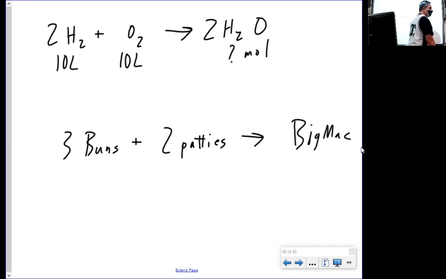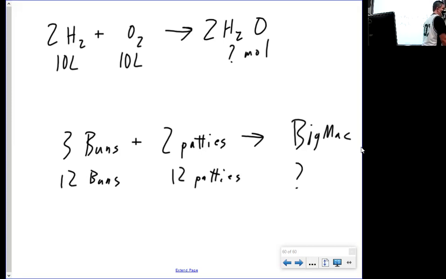So for example, if I have 12 buns and 12 patties, how many Big Macs can I make? 4. Because you have 3 buns for each one, and 12 divided by 3 is 4. So if I just look at buns, I can make 4 Big Macs.